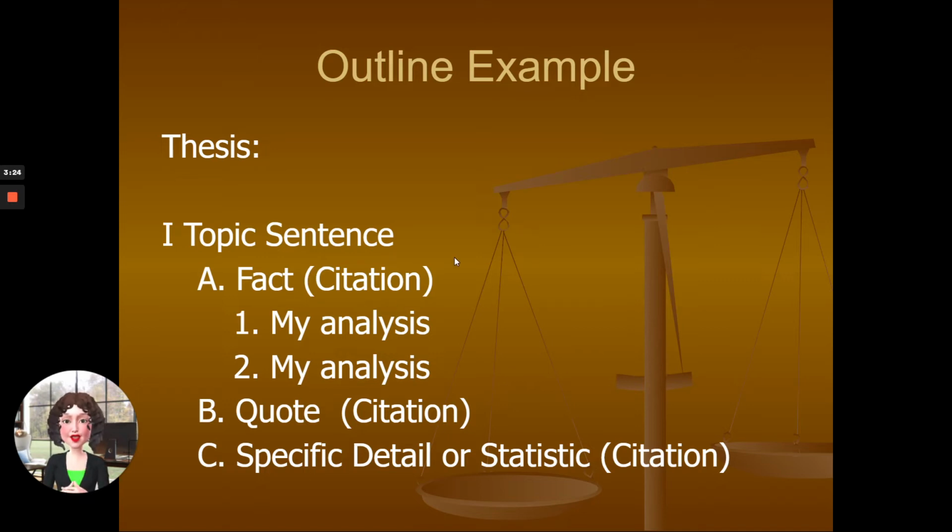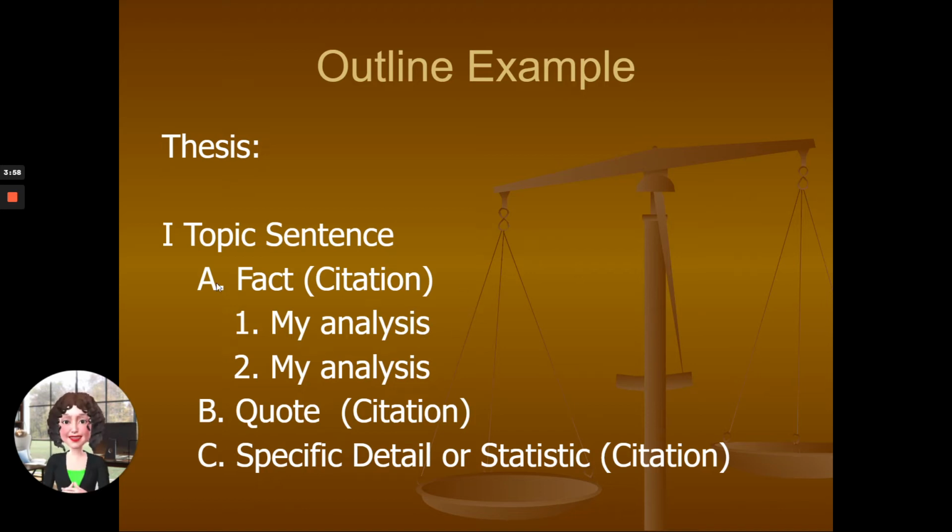After the detail, fact, or quote, you should have your citation as it will go in the research paper. This most likely will be the author's last name, or if there is no author, the title. Whatever the case may be, this citation should match up with your works cited page. Underneath, in numbers, you can include your own analysis of this fact and how it relates back to your argument.